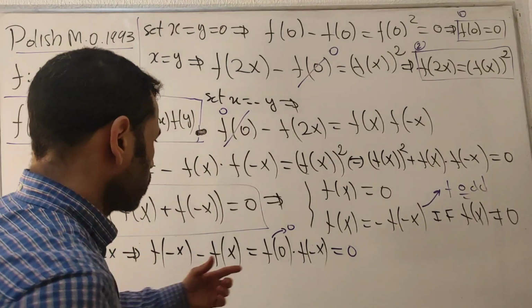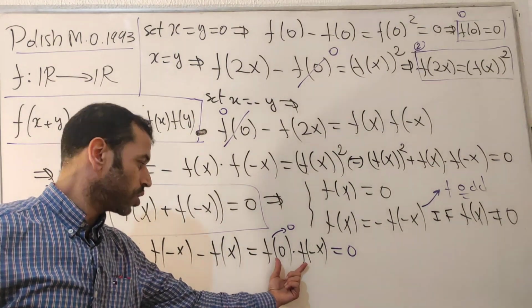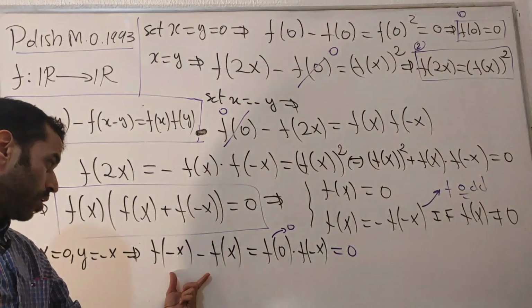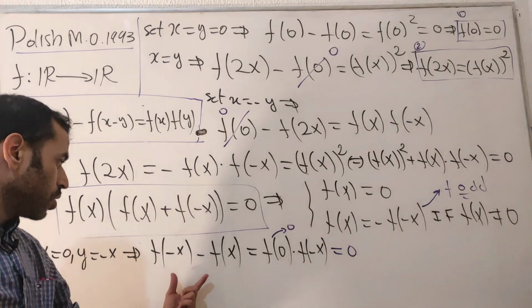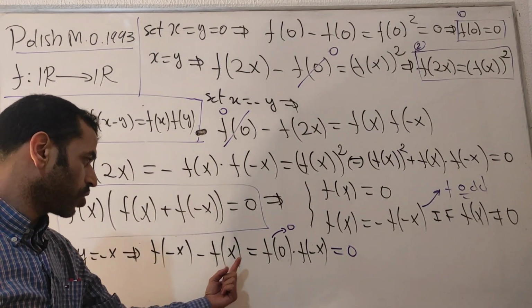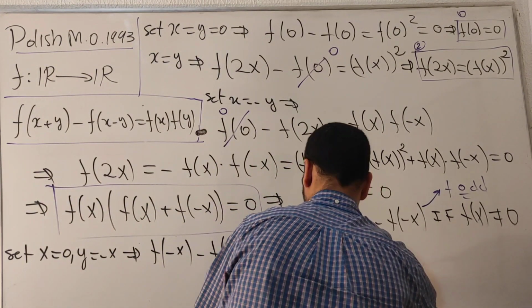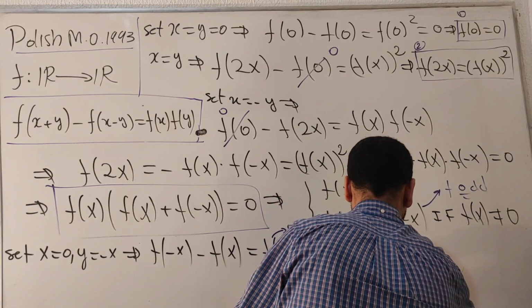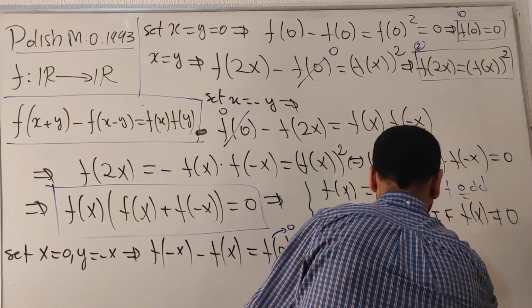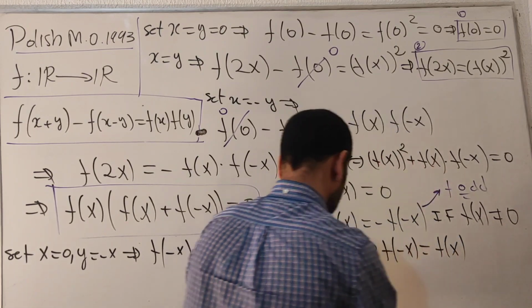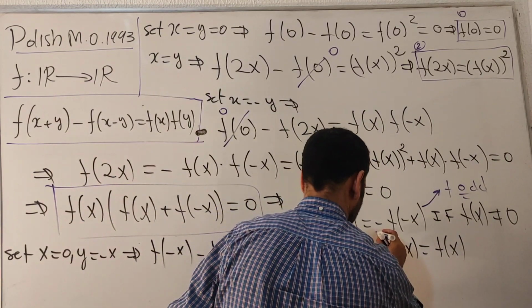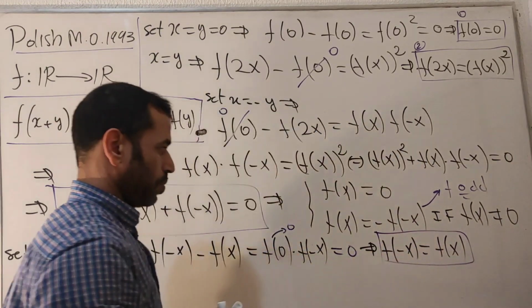Okay, so since the right hand side of this equation equals 0, the left hand side of this equation must equal 0 as well. So let's take one of the functions to the right. I will end up with the following: f of minus x equals f of x. So I have ended with this nice expression.